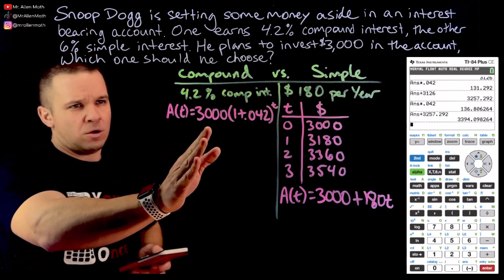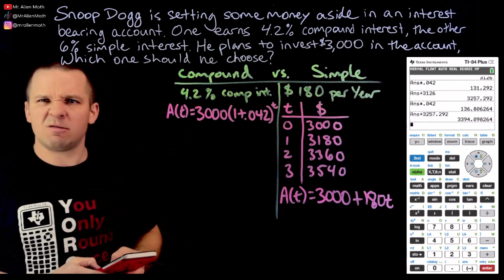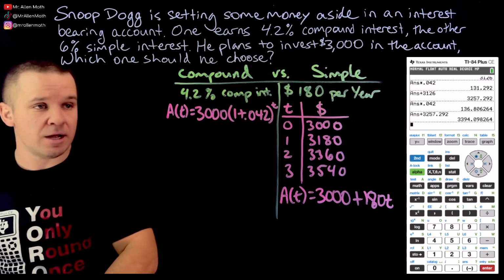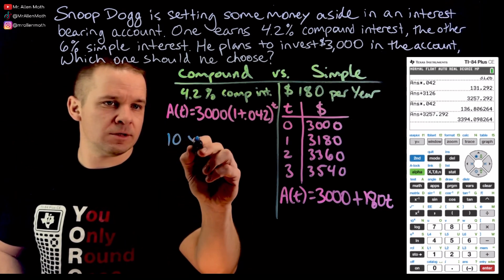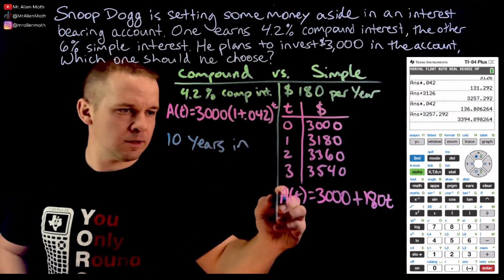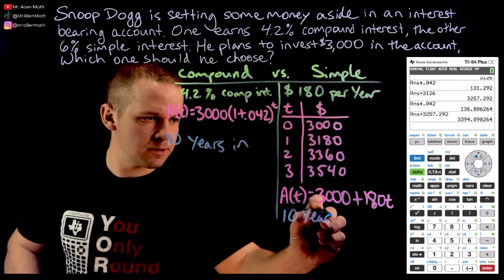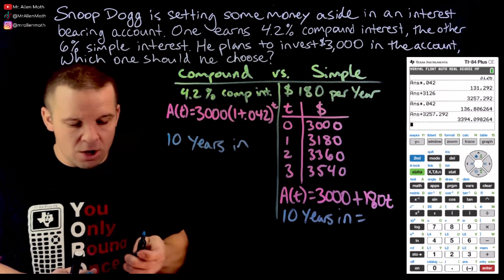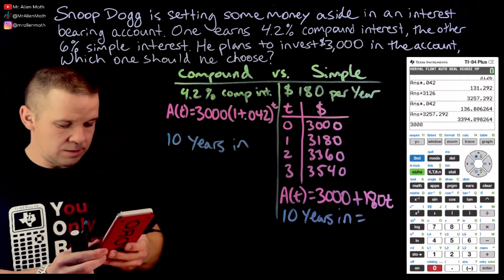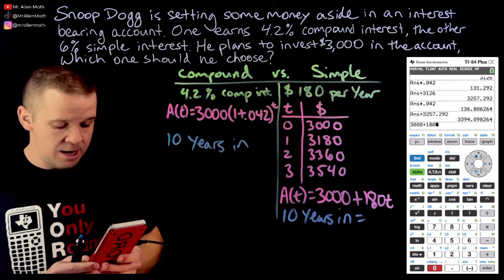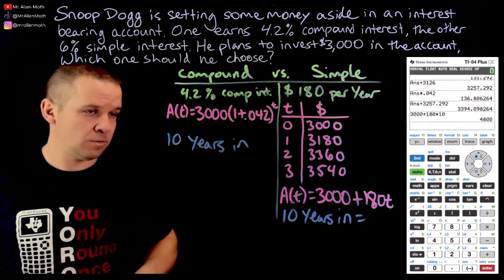So let's do this. What if I plug this all in, and let's see what we have after 10 years, okay? So 10 years in. What are we going to have? Well, this one's pretty easy to figure out. 3,000 plus 180 times 10. 4,800.